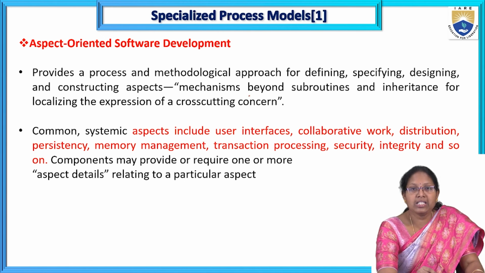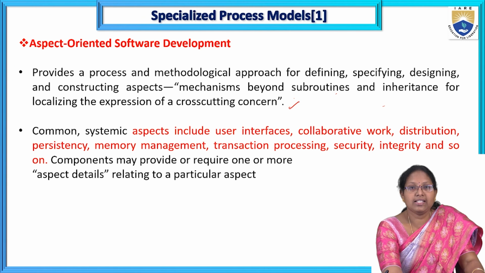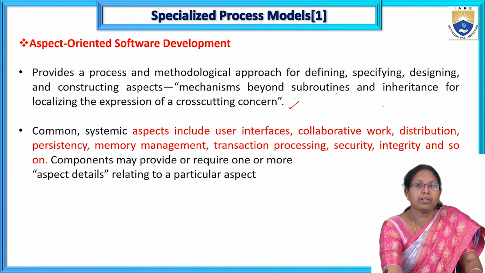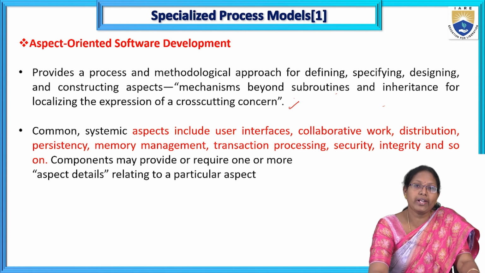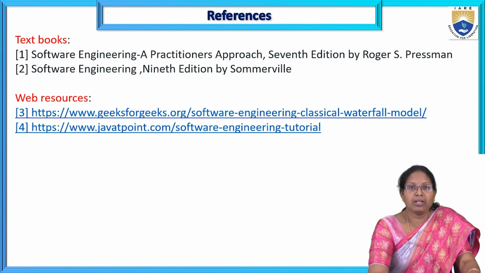Aspects are mechanisms beyond subroutines and inheritance for localizing the expressions of cross-cutting concerns. So applying aspects, we develop the software product in terms of aspects; that is called aspect oriented software development. These are the specialized methods discussed.